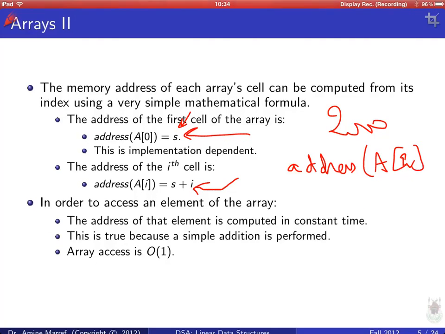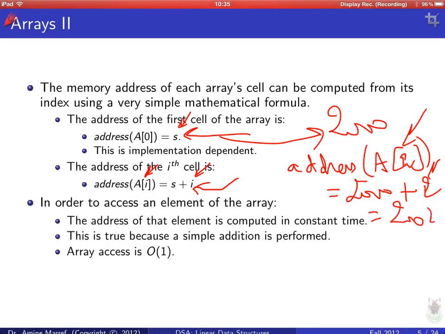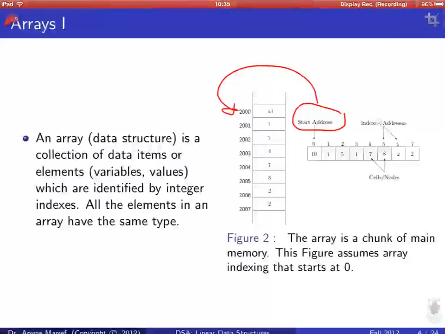So if you see a statement in your code like A of I, where A is an array, then we know that this is big O of 1. We can use this as a rule: from now on, array access is big O of 1. And now you should know how to explain, if you get the question, why array access is big O of 1. If you know the answer now, you have understood this slide.